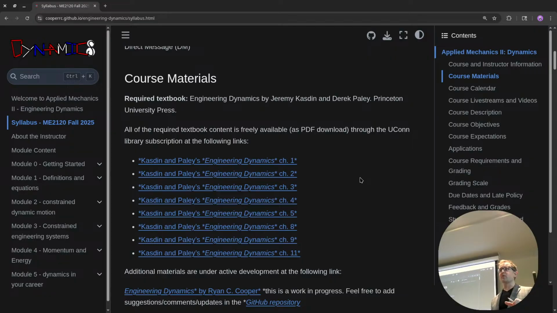The UConn library hosts our textbook, so you can download all the PDFs online, and you don't have to buy it. It also has modules and a general idea of the course content here on the website. We'll restructure how we are getting credit for the work that we're putting into the class. At least by next week, we'll have an idea of that.